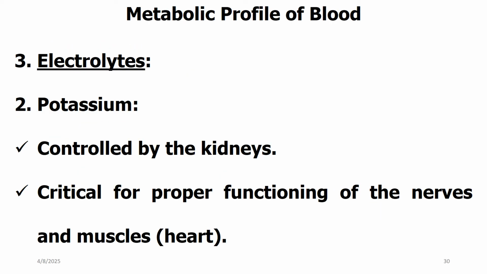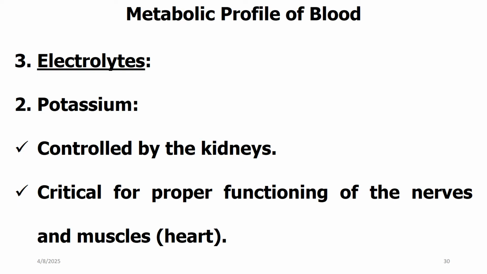The second is potassium. This is also controlled by the kidneys. It is critical for proper functioning of the nerves and muscles, especially that of the heart.